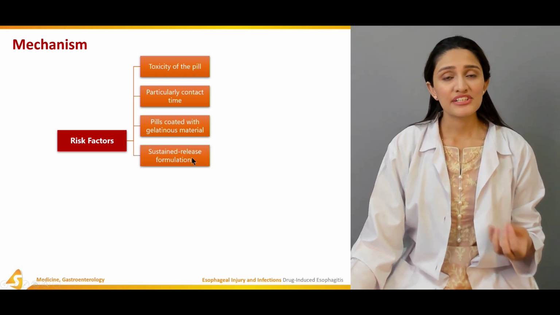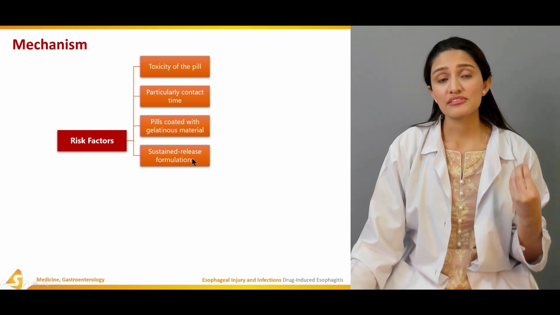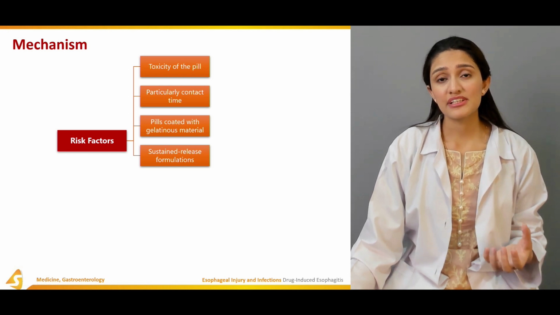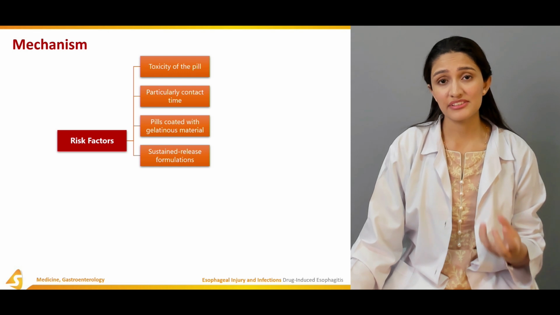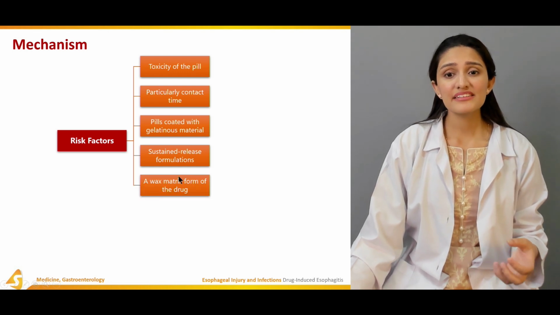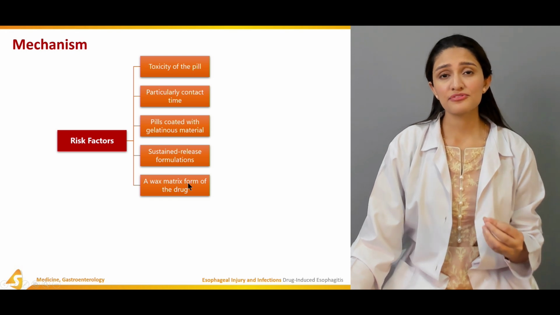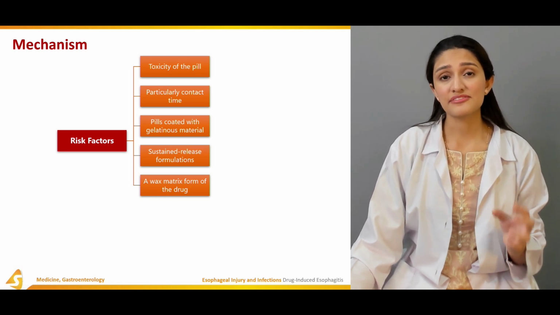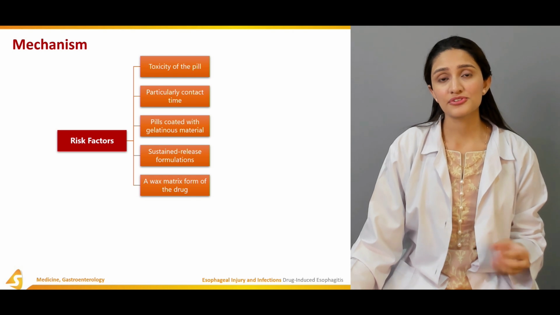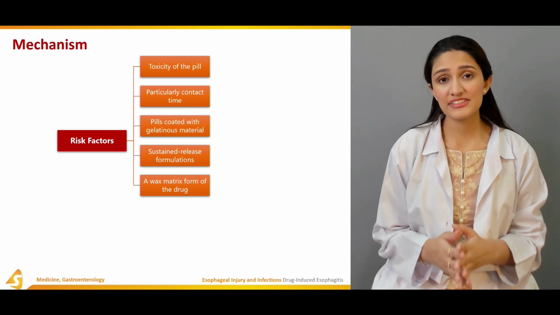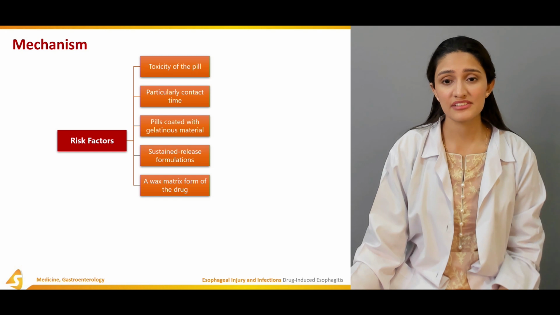Sustained release formulations, which are released through a reaction with the mucosa, are also risk factors. And then there's the wax matrix form of the drug. This sort of form causes very harmful effects to the mucosal surface and the muscularis of the esophagus.